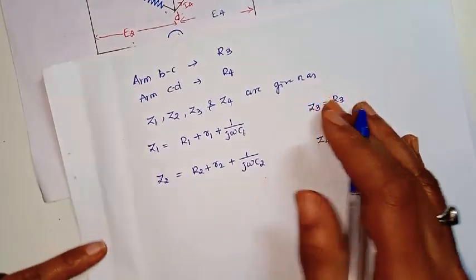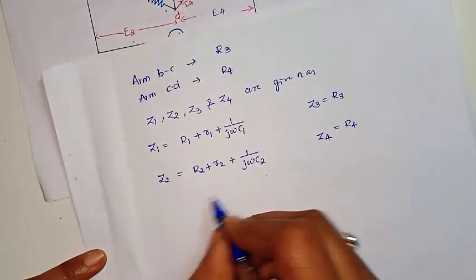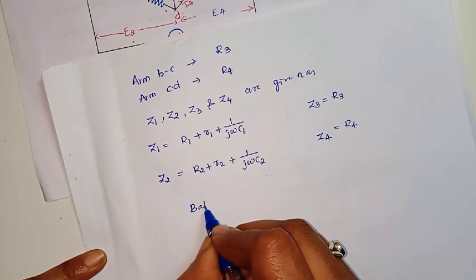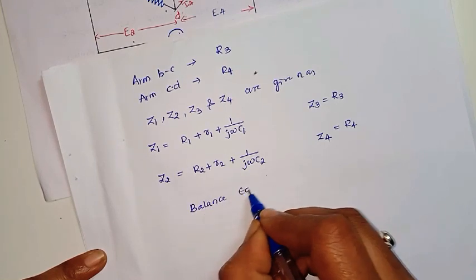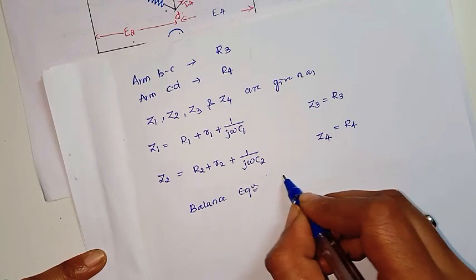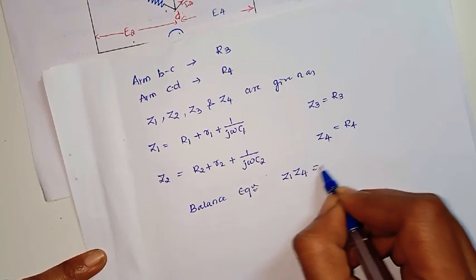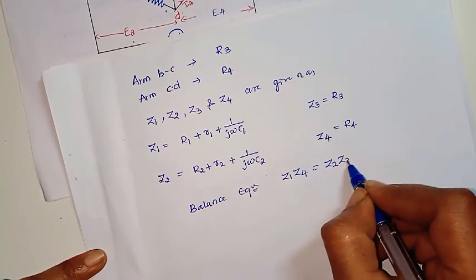Now we know that the balance equation is Z1 Z4 equals Z2 Z3.